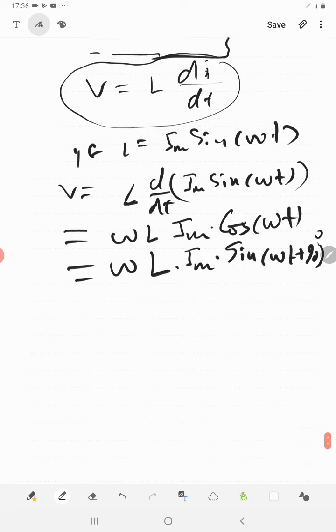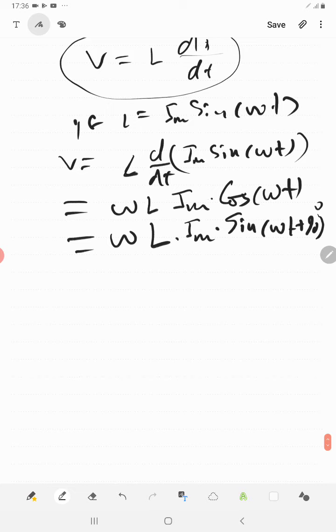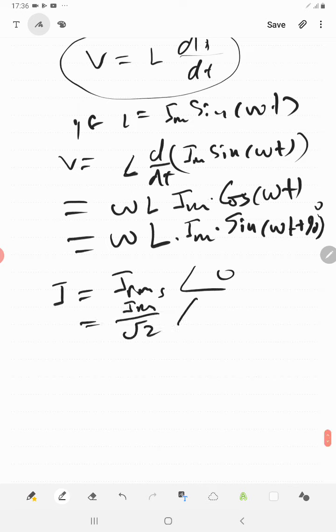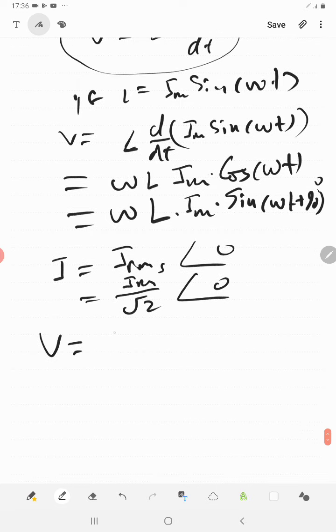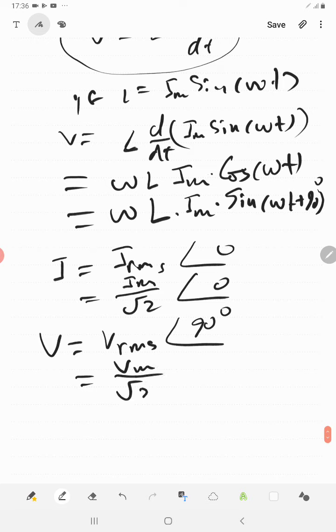Which means in phasor form, I is equal to I RMS angle 0, which is equal to I maximum over root 2 angle 0, while V is equal to what? V RMS angle 90 degrees, which is V maximum over root 2 angle 90 degrees.